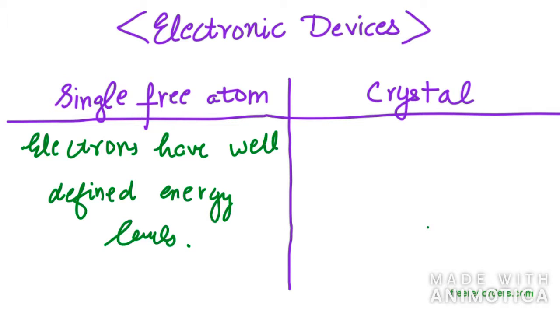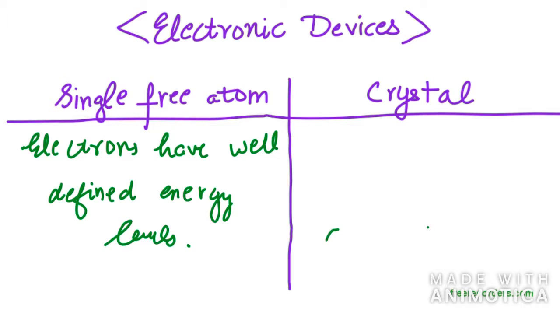Now, in a crystal, the atoms do not have a well-defined energy level. Why? Because in a crystal there are many atoms and each atom is surrounded by neighboring atoms.